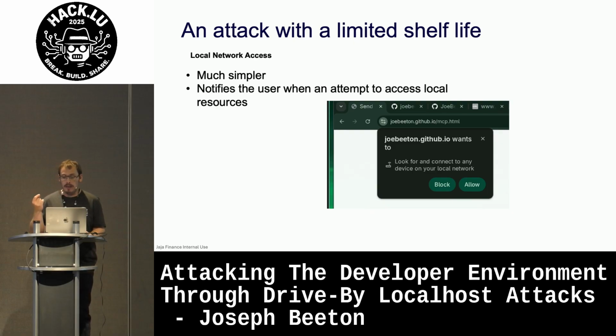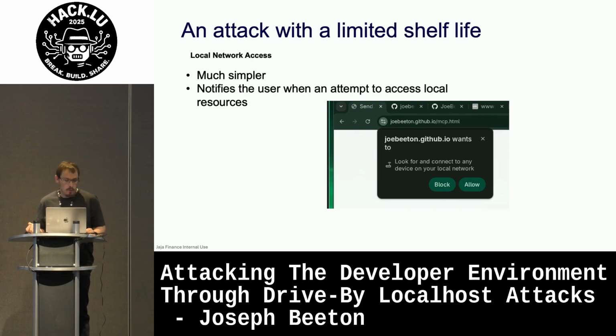What will happen, this isn't on at the moment, is in Chrome at least, if you have JavaScript that's accessing localhost or anything on your internal network, you'll get a prompt like this. And only then, once you click allow, will the original attack request to localhost or internal network be allowed.